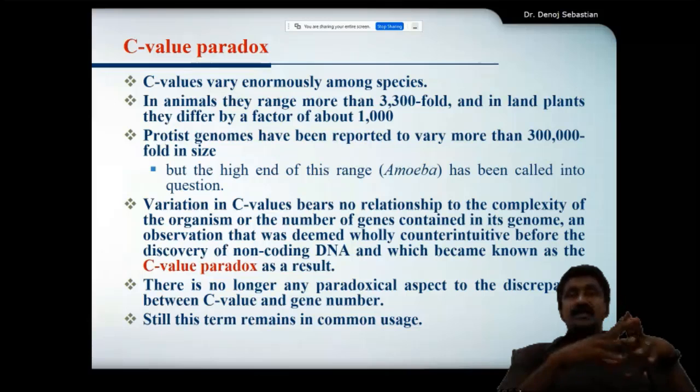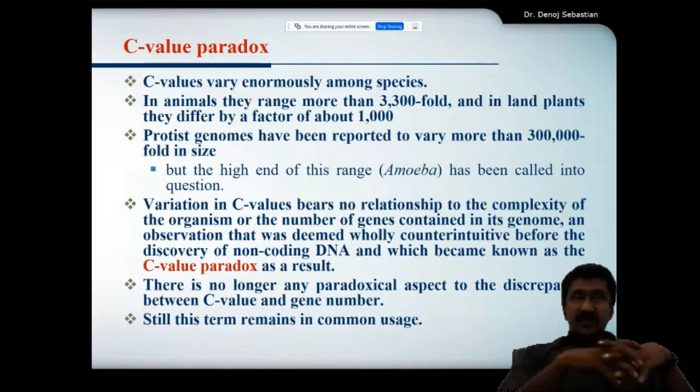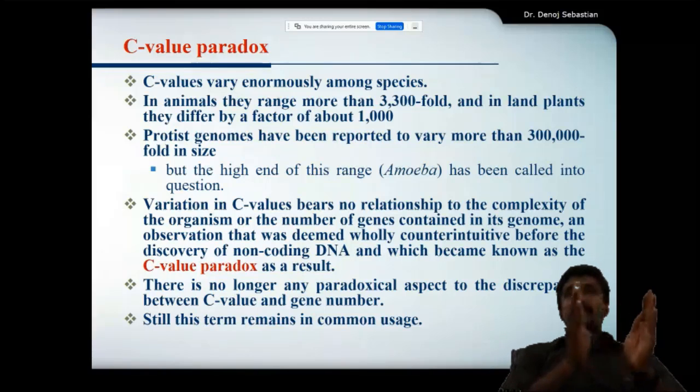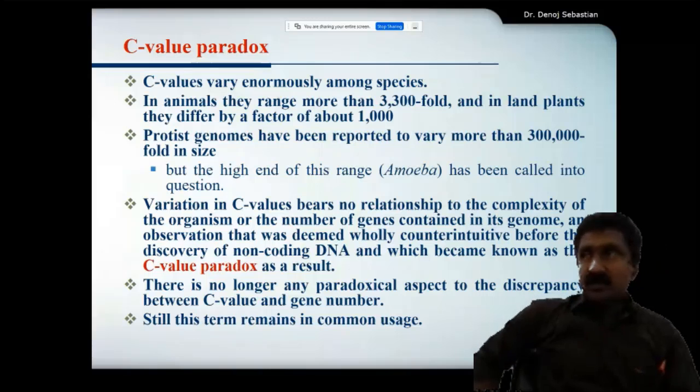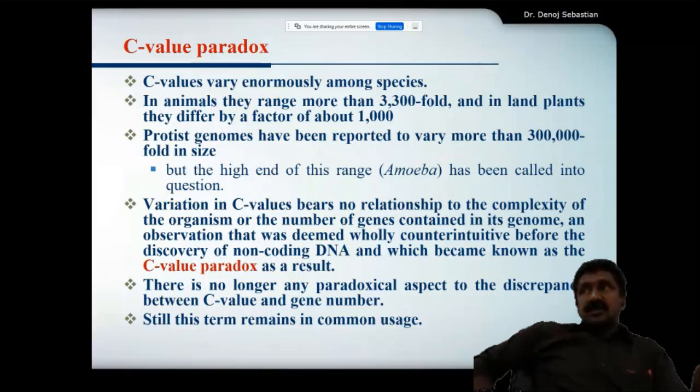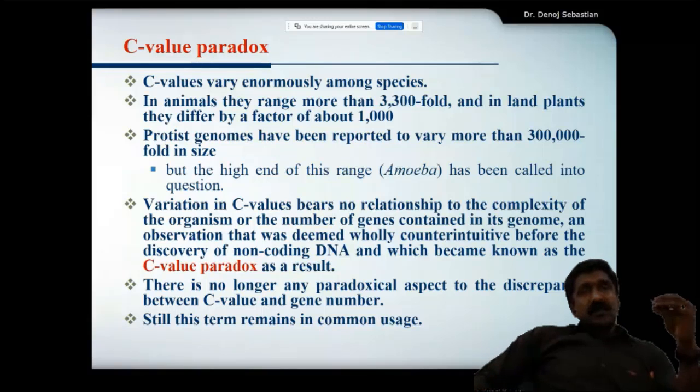So variation in the C values bears no relationship to the complexity of the organism or the number of the genes contained in its genome. It's an observation that was deemed completely counterintuitive before the discovery of non-coding DNA, and which became known as the C value paradox.